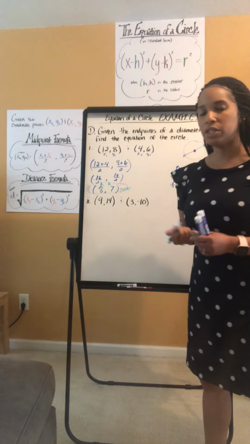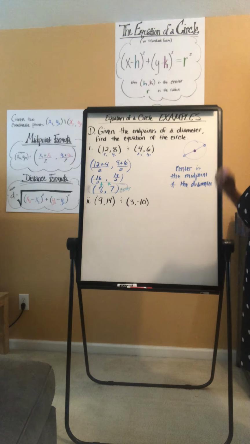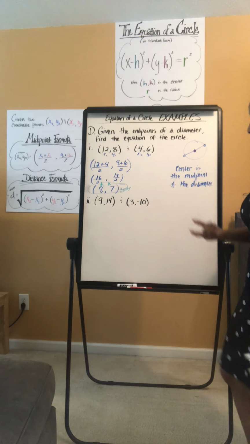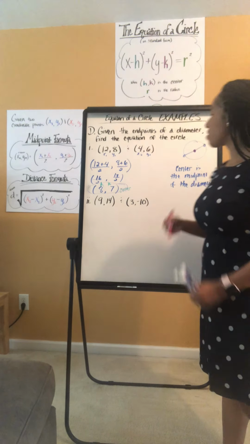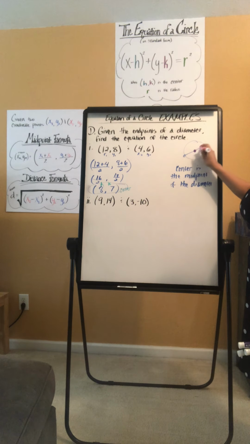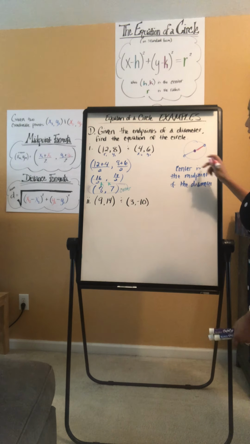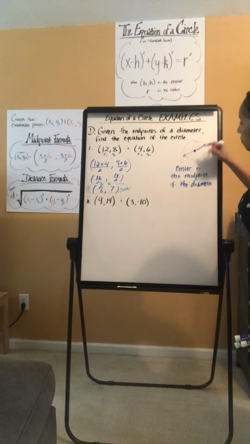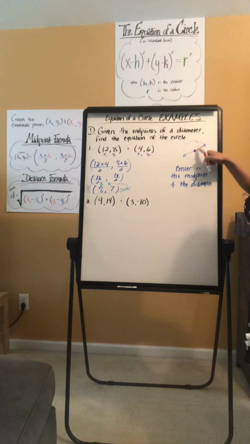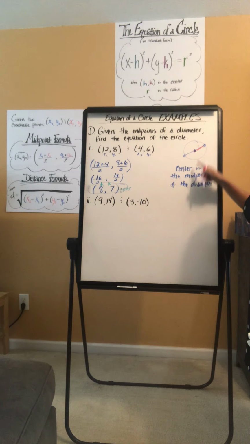All right, whenever we do the equation of the circle, we need the H, the K, and the R. The radius is just half of the diameter, right? The radius is the distance from the center to an endpoint.